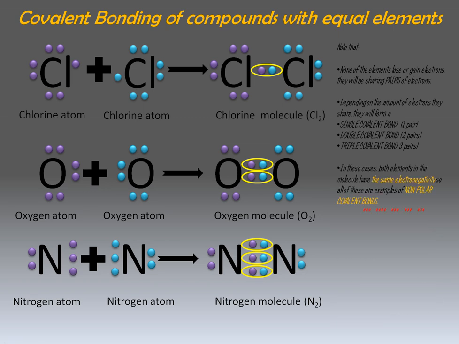And since all of the elements are the same in the chlorine molecule or the oxygen molecule or the nitrogen molecule, they will be forming nonpolar covalent bonds because the electronegativity of both will be exactly the same. Remember that electronegativity is the force that an atom has to attract the pair of electrons in a bond. So if they are the same atoms, they have the same force.